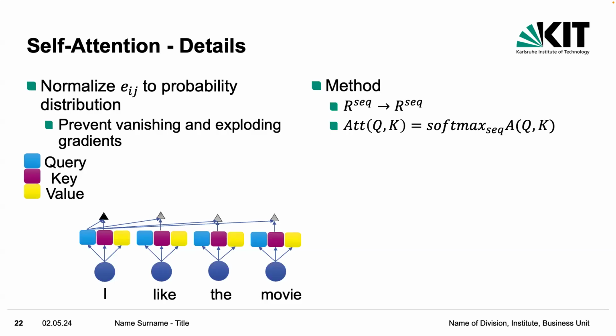Does anybody remember how the softmax was defined? So we just take e to the power of each of the values and then divide them by the sum of e to the power of all of them. Thereby we ensure that, first of all, all of them are positive, and secondly, that they form a probability distribution.